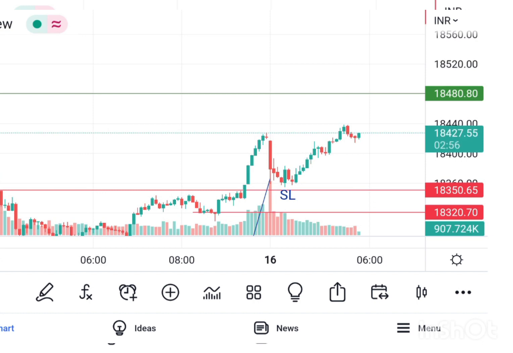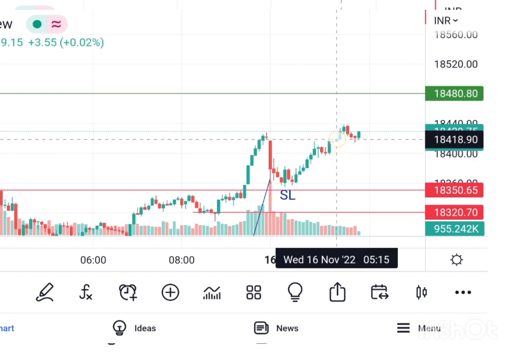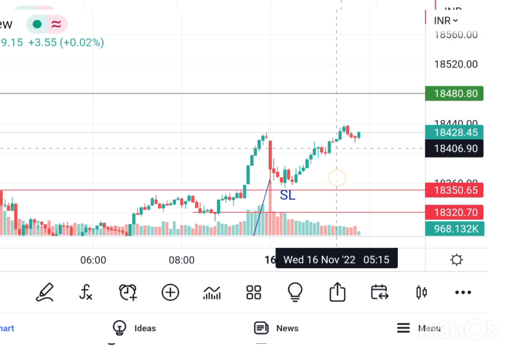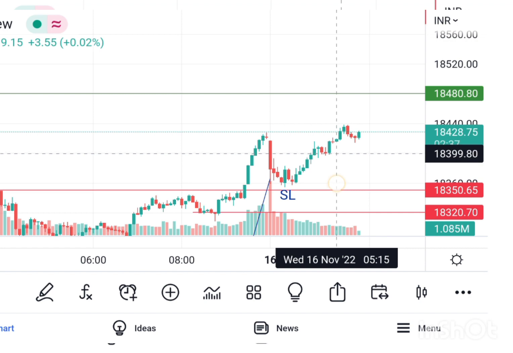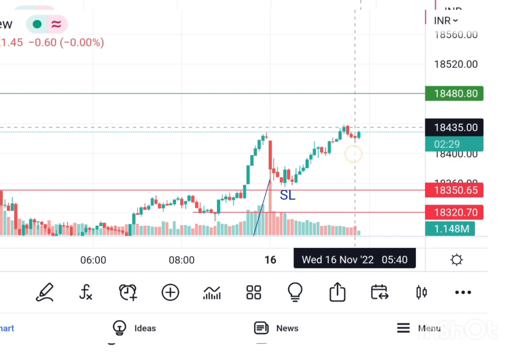I'll keep trailing my stop loss, and in case I find Nifty above 480, I'll trail my stop loss to 400, from 350 to 400, and this way.